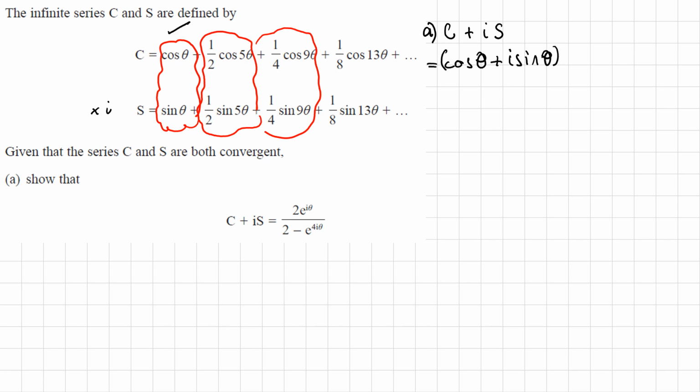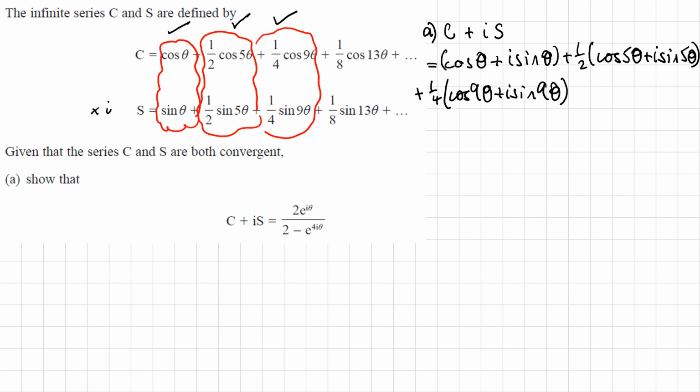I've done those two, and then plus a half, and group these two together, and that'll be cos 5 theta plus i sine 5 theta. Then I'll move on to the next two, so that's plus a quarter cos 9 theta plus i sine 9 theta.